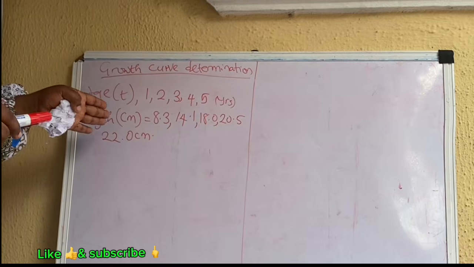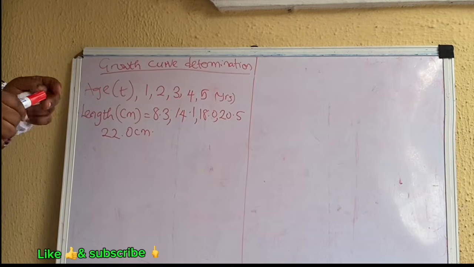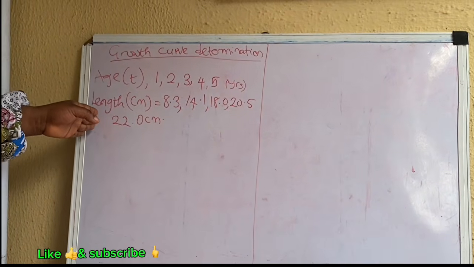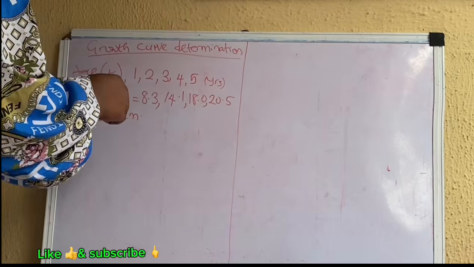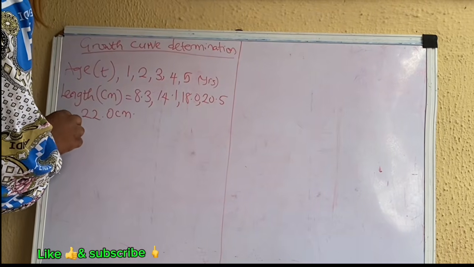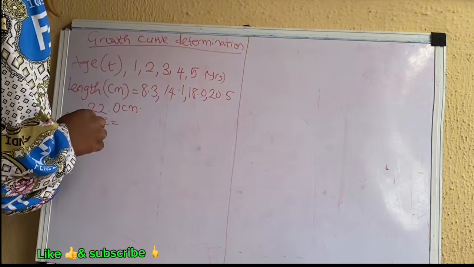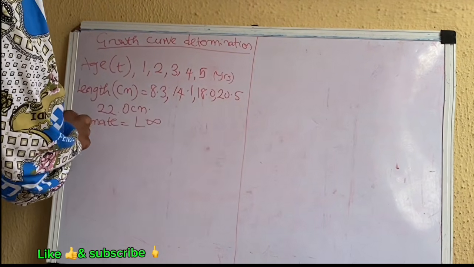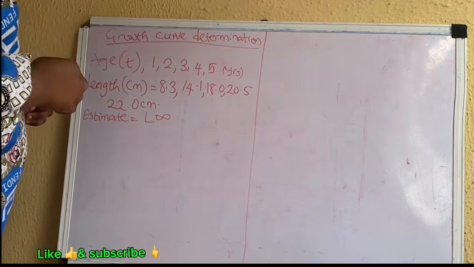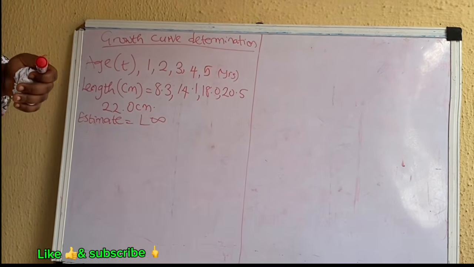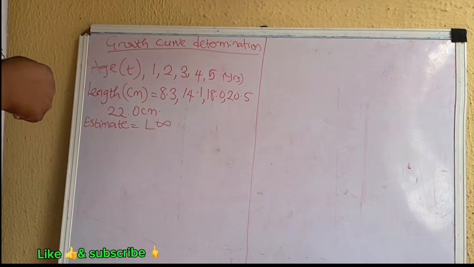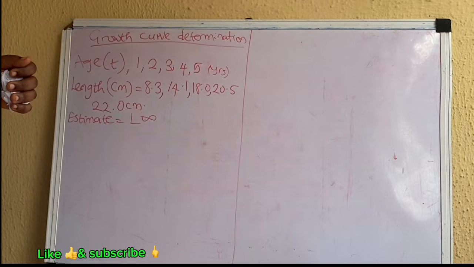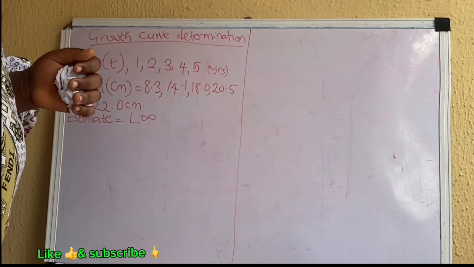Now, for instance, when you have these ages and lengths, you're asked to estimate the L asymptotic. The second one, you're asked to look for the linear relationship between the growth of the equation. Then the next one, you have to estimate the growth coefficient, that's the K. There you use slope to do it.